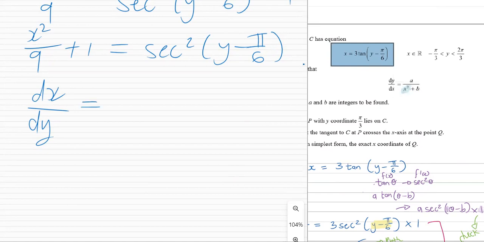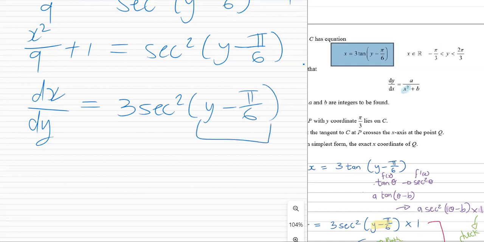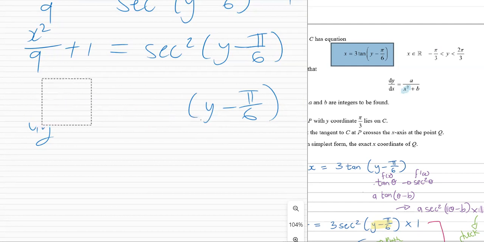So dx/dy is 3 sec squared(y minus pi/6) times the derivative of everything inside the brackets, which is just 1. So we're aiming for that. This is just another way of getting it, manipulating the original equation to look like this. So that was our dx/dy. We're nearly there. The only thing that's different now is the 3.